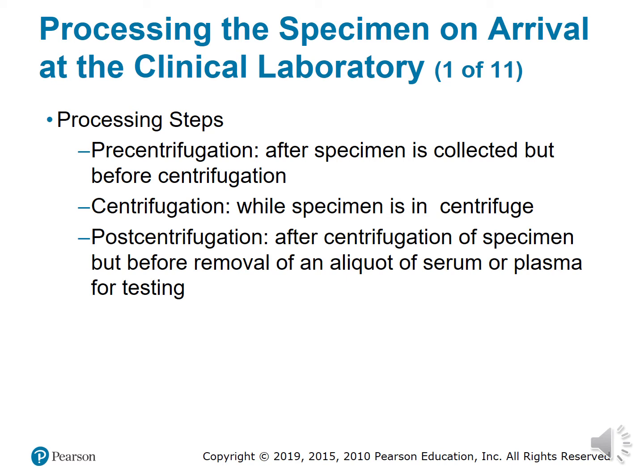And I can show you guys what that process looks like in the lab. We'll get some blood, we'll go over to the lab, we'll spin it down, and then I'll show you all the process of how you will go about removing the serum or plasma from the tube.